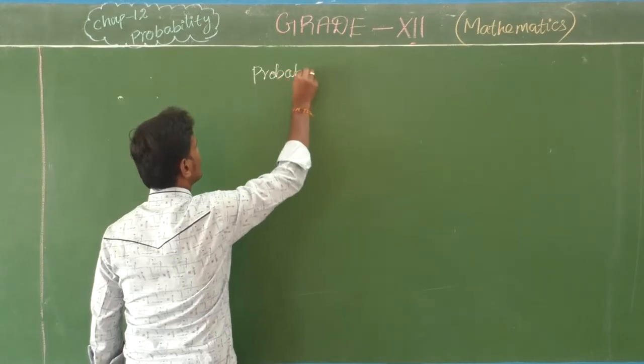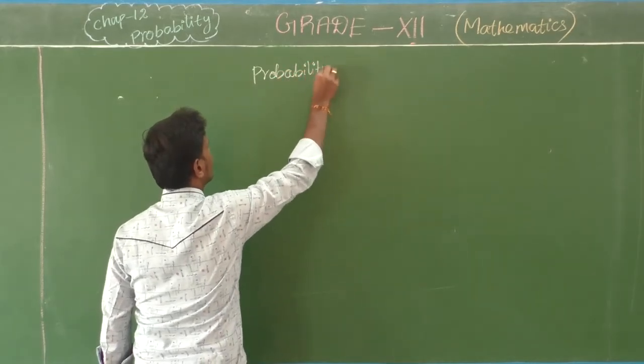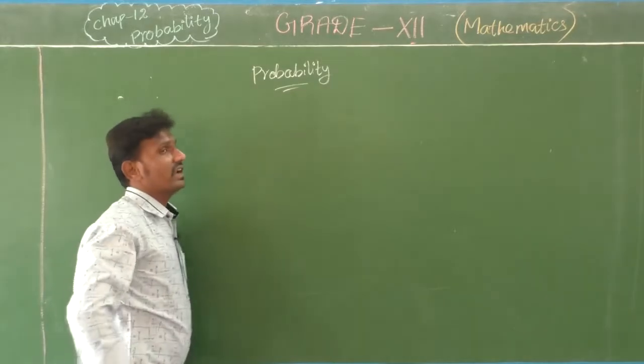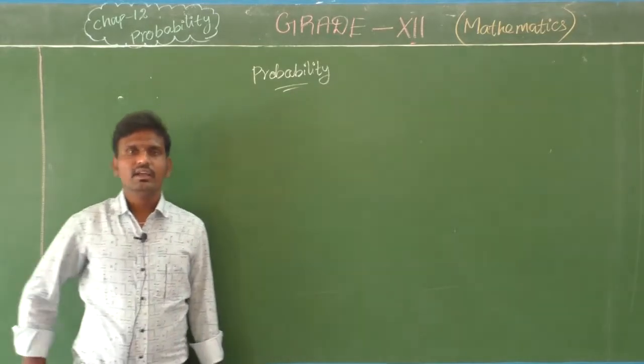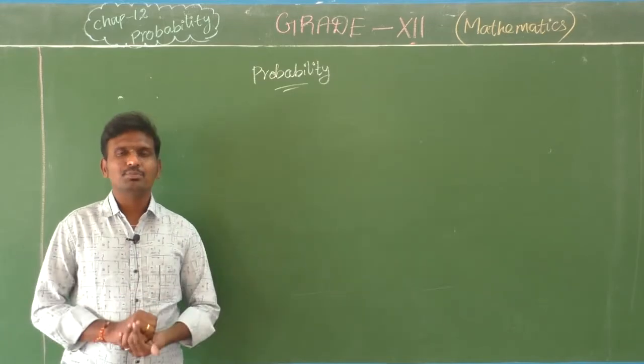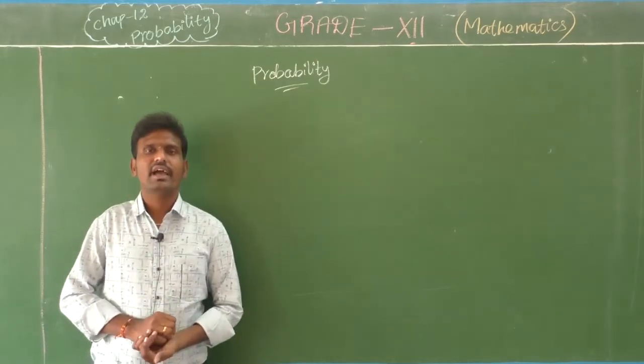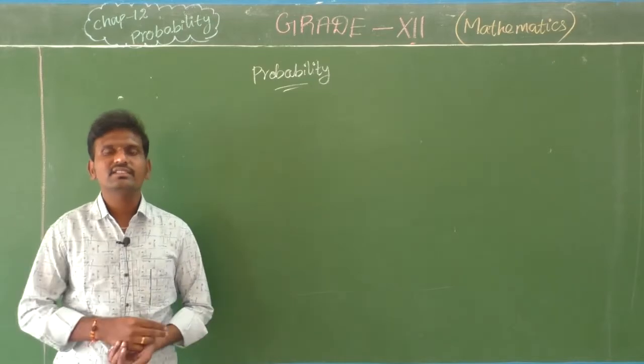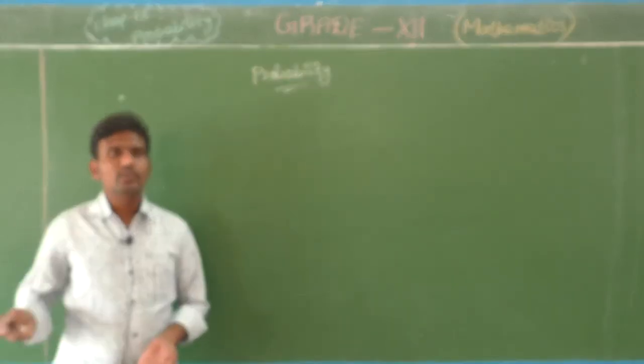So this is probability. It starts from your grade 7, 8 itself. But actually in the 10th syllabus you prepared what probability actually is, what the formulas are, and how we use probability in relation to life situations, real situations. In the 11th syllabus you prepared something more, and the 12th is very important.